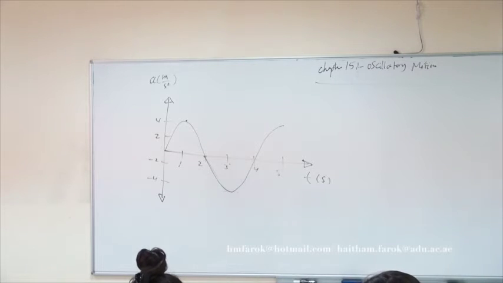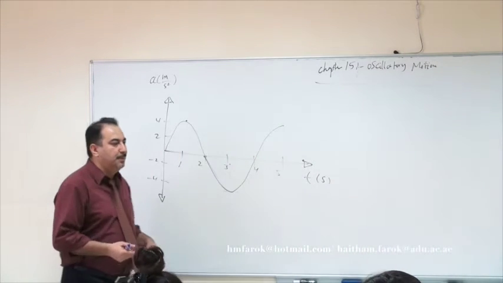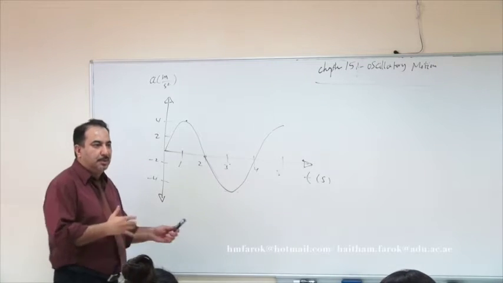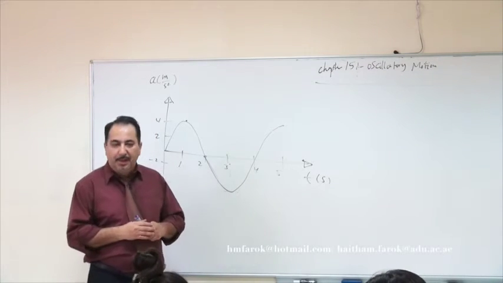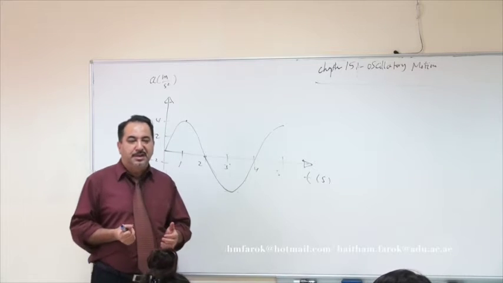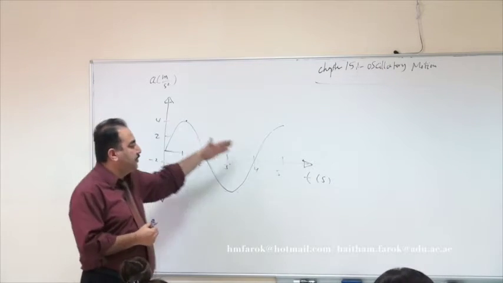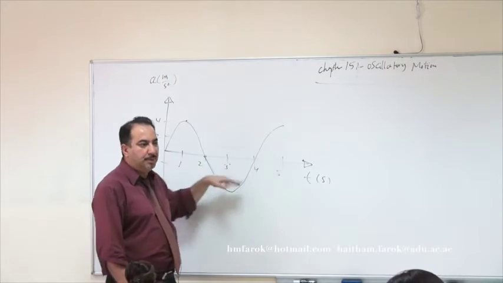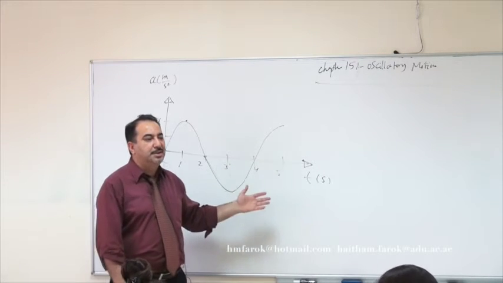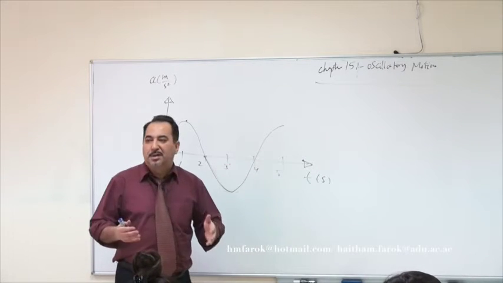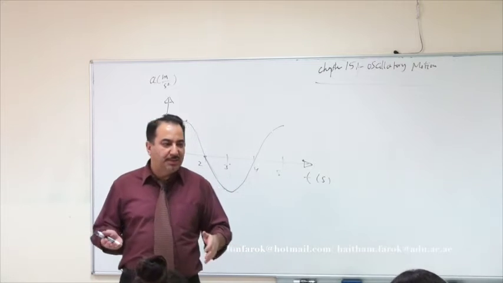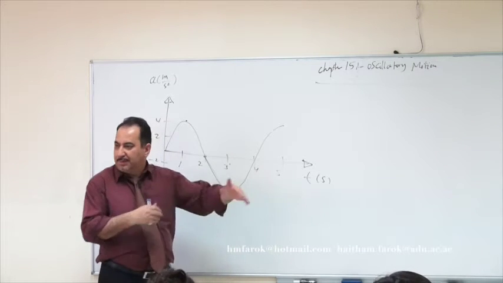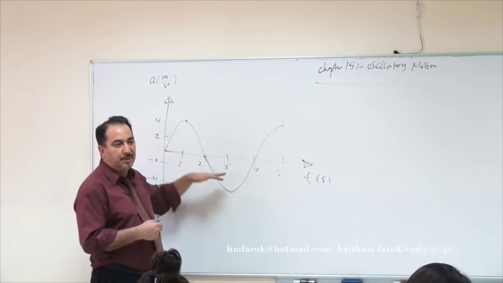So in this example, we have a simple harmonic oscillator, a spring oscillating, and it oscillates in such a way that its acceleration changes with time according to this graph. Yeah? You can see oscillation graphs are either sine or cosine, with shift, of course. Sometimes they start from 0, sometimes not.